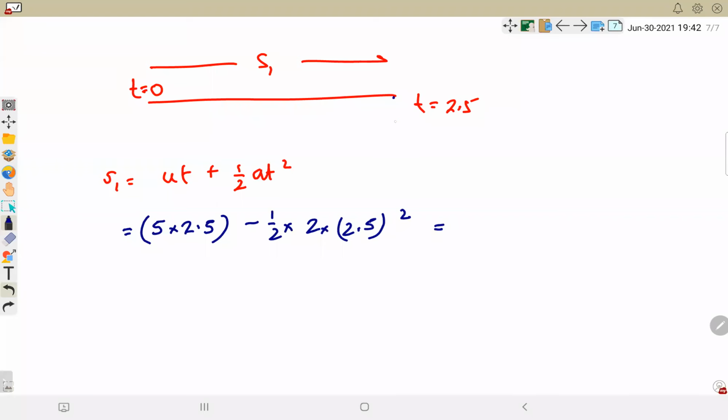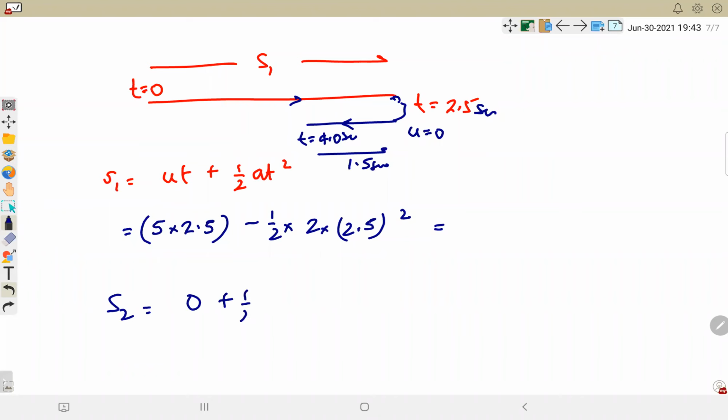When it is returning, for the backward journey, since at 2.5 seconds its velocity has become 0, from 2.5 to 4 seconds, that means a total time duration of 1.5 seconds, it is covering with 0 initial velocity and the same acceleration of 2, and time is 1.5. S1 is in the direction of motion and S2 is opposite to the direction of motion.